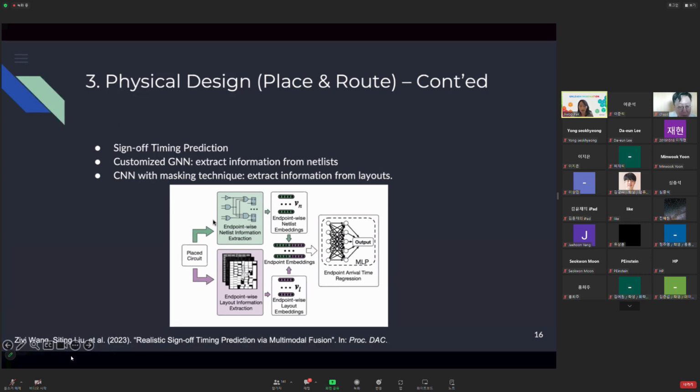Again, this circuit will be represented as a graph, and then we can use a customized GNN to extract information from the netlist. And in this paper, they used a CNN with masking techniques to extract further information from layouts, like a visual thing. So they extract more information and use that.